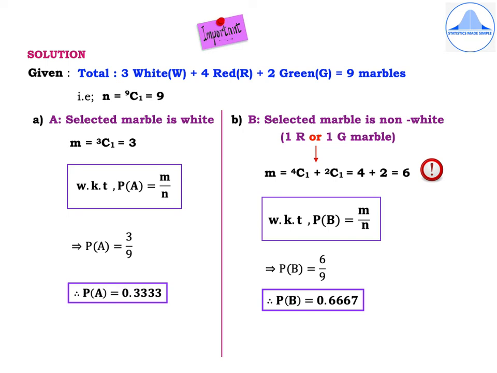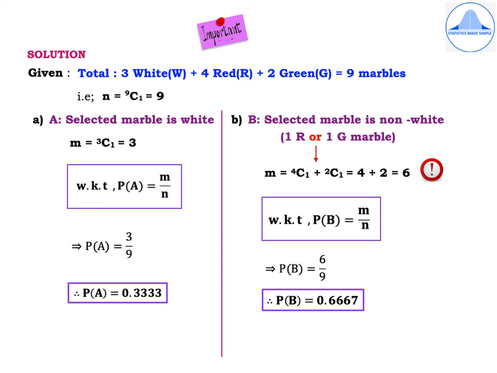If you use one red and one green, then the whole problem will go wrong because you'll be selecting 2 marbles. So selected marble is non-white means it can be one red or one green marble. And remember that whenever the word is or, we have to make use of the plus sign as indicated and highlighted in red color. The word or is highlighted in red color and the arrow also is highlighted in red color.